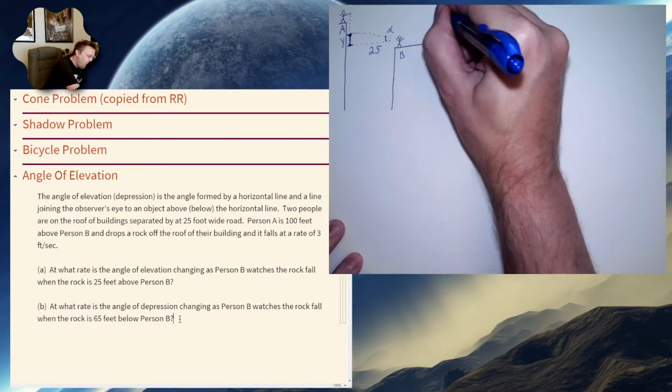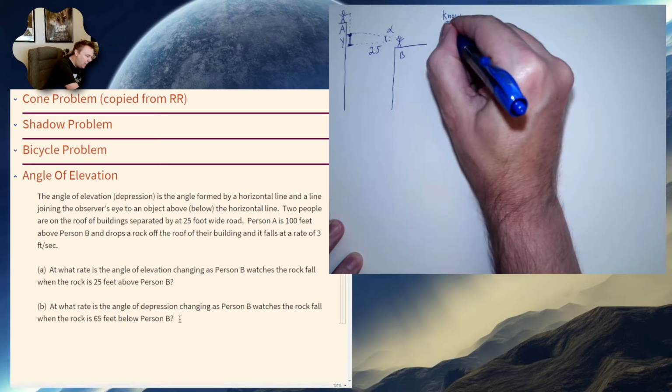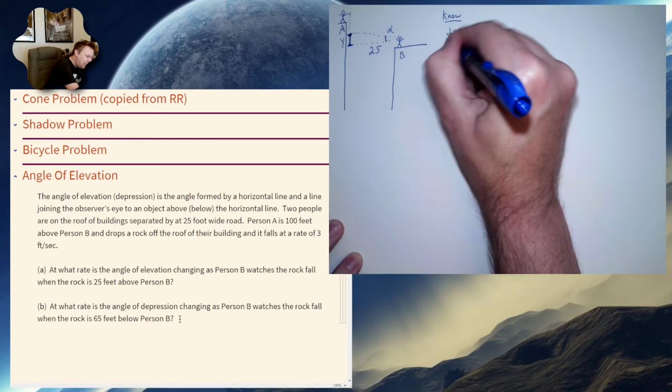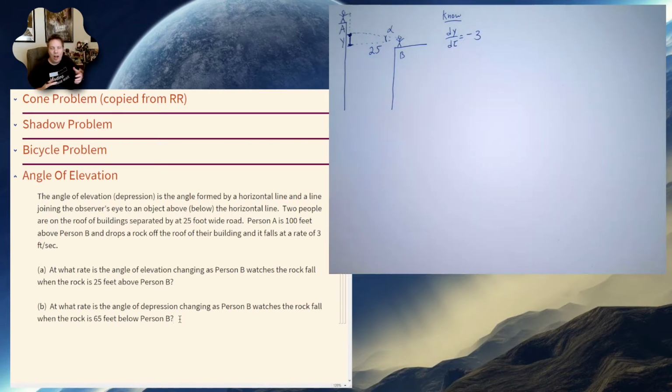So what do we know in this problem? We know that dy/dt is equal to -3 because the rock is falling at 3 feet per second. Now you may be wondering if this is realistic, and the answer is no, it is not realistic.